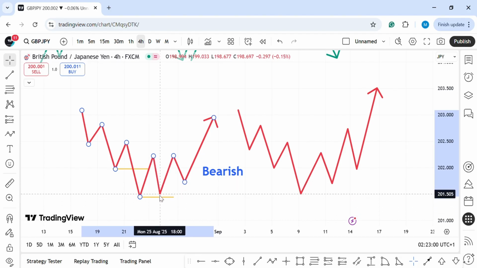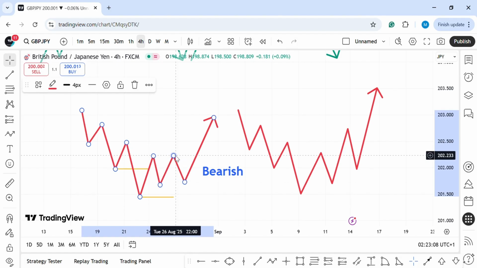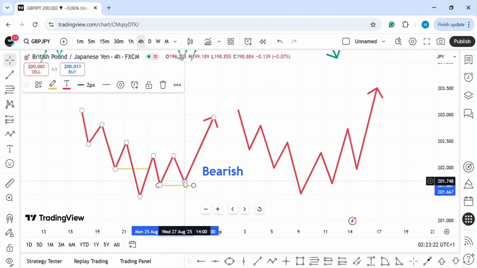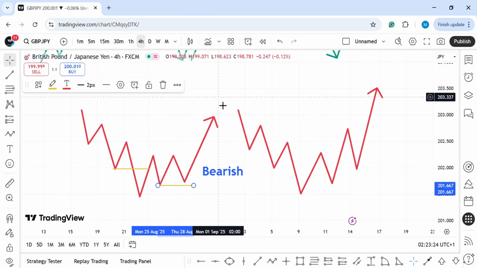Most times it will come to form equal low here, but you see what the market did. The first pattern, it failed to break the low, pushed up and created equal high here, and then pushed down to form equal low here, which is this. Push down to form equal low and then push to the upside.